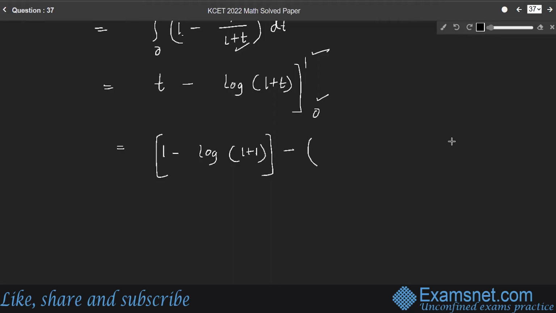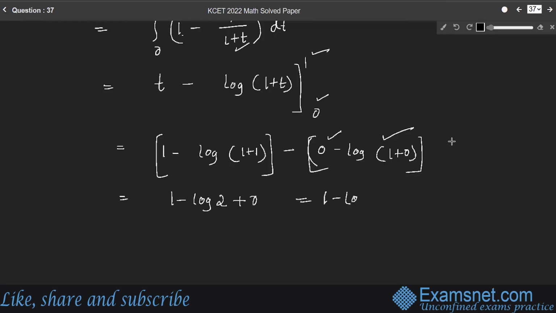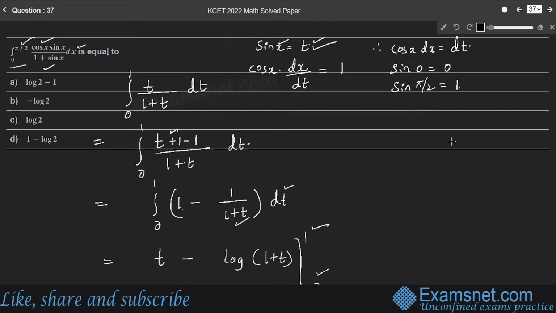So t becomes 0 minus log of 1 plus 0, which is equal to 1 minus log 2. And the second part becomes 0 minus log 1. Log 1 is 0. So minus of minus becomes plus log 1, which is plus 0. Therefore, the final answer is 1 minus log 2. Look at the options. 1 minus log 2, option D.